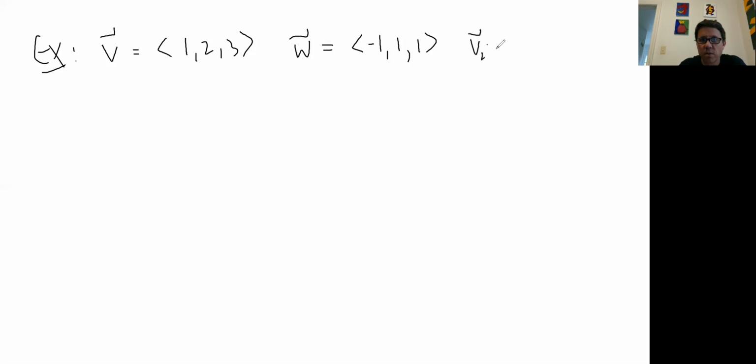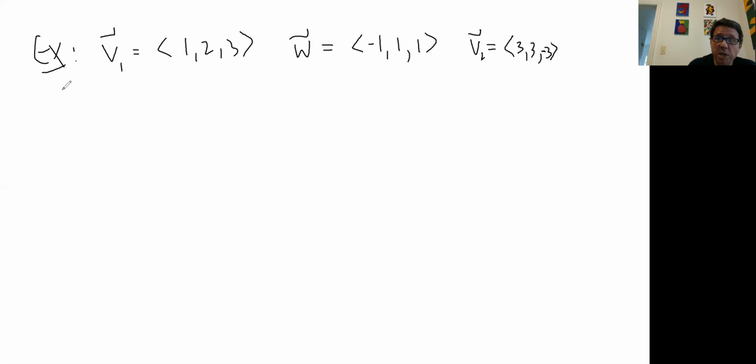How about that? So I can do this one as 3, 3, okay. Maybe I'll just go ahead and call that V1. So V1 is 1, 2, 3. W is this one. V2 is that.